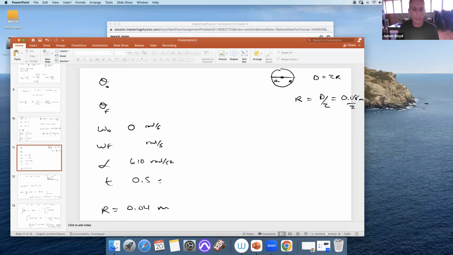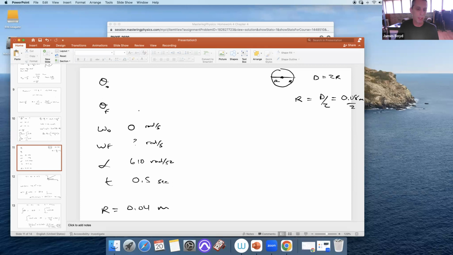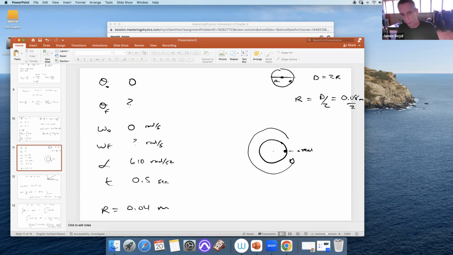We don't know omega final. There's a dot on this edge and it's going to spin around and around and around. But we're going to assume that it starts at 0 rads. And then we don't know how many it's going to end up with.